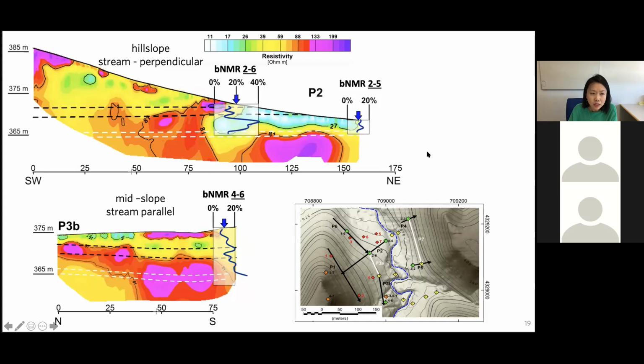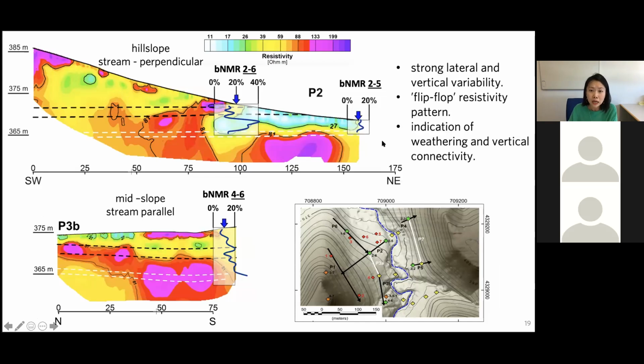And this is a resistivity tomography overlaid with the borehole NMR determined water distribution data. And we can see this resistivity along these two directions, parallel and perpendicular to the stream. And this shows very strong lateral and vertical variabilities. The northern superficial part of transect P3B is overlain by a colluvial clay deposit and has very low resistivity, which is here.